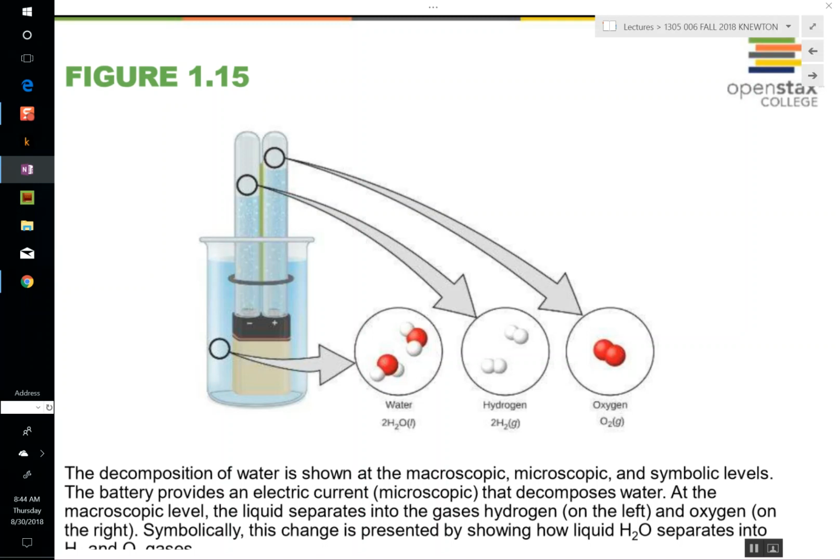The noble gases are gases at room temperature. The black ones, which are the predominant ones, are solids at room temperature. And the blue ones, bromine and mercury, are liquids at room temperature. There's two that are liquids, most of them are solids, and then a few that are gases.